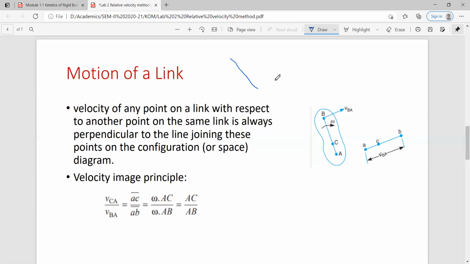After some time it may become like this, because it got some angular velocity omega, because of which it will keep changing its orientation. Now let us consider the motion of B with respect to A. For example, point B is here at one end and point A is here.